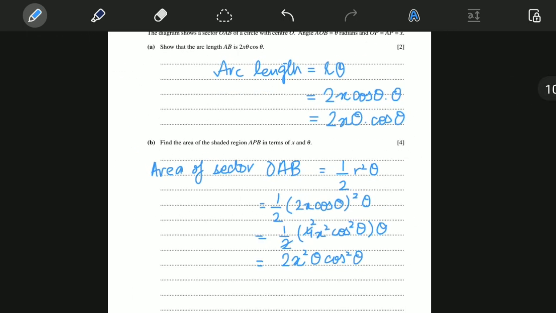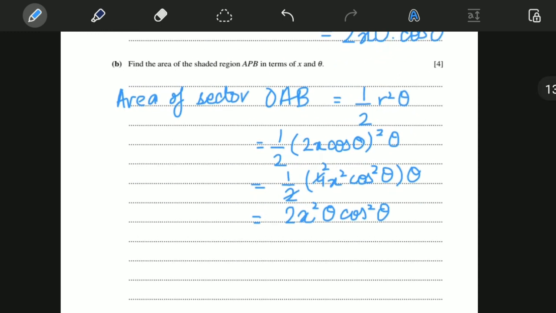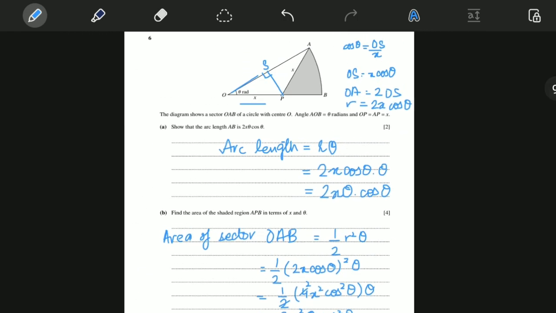So now the area of triangle OPA. We know this is going to be half base into height.